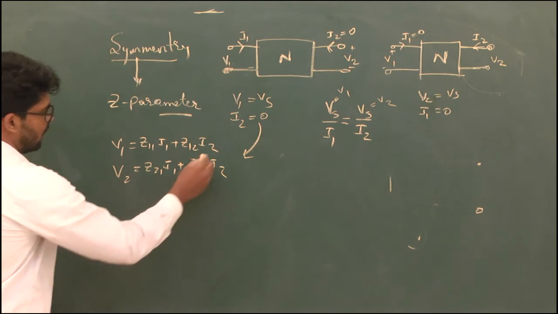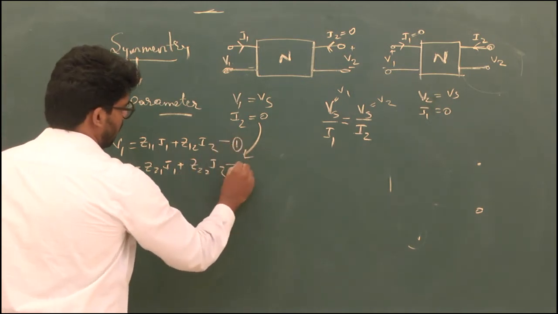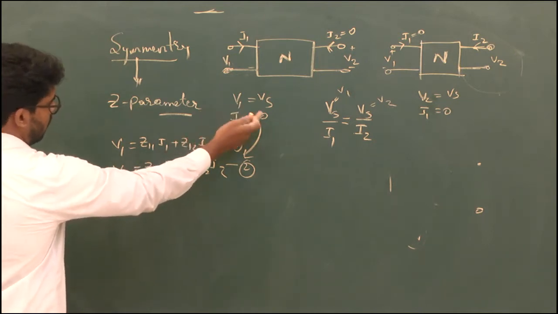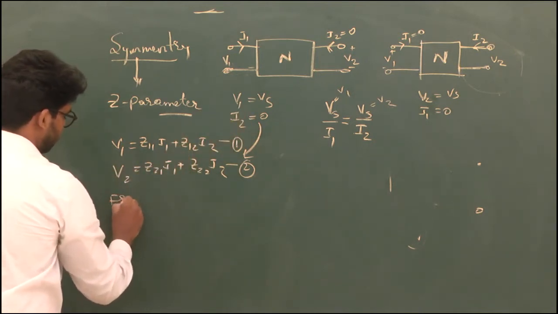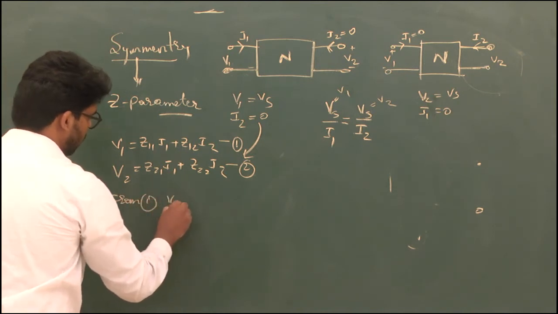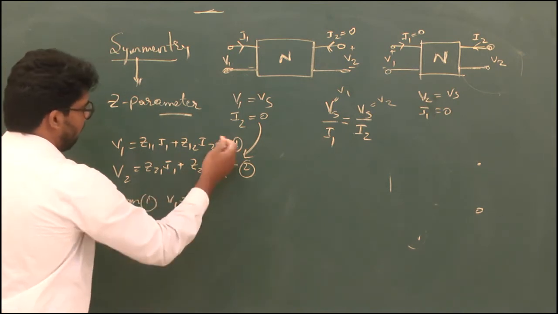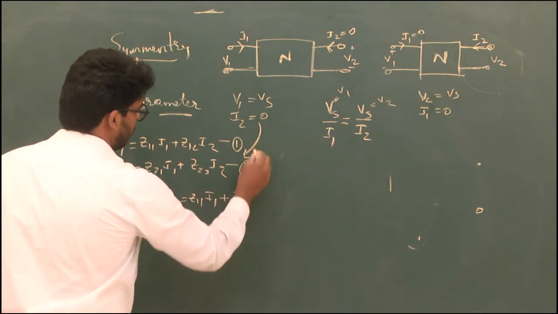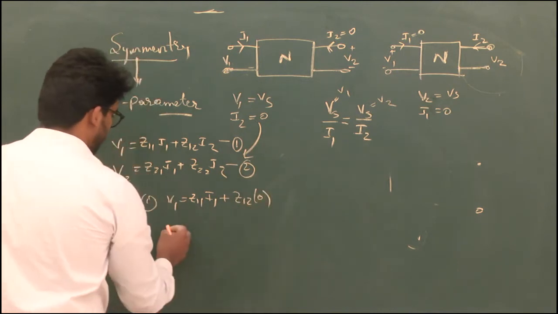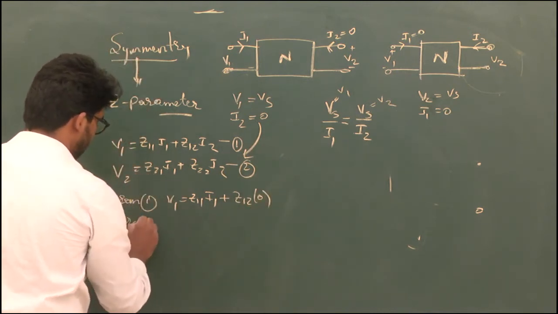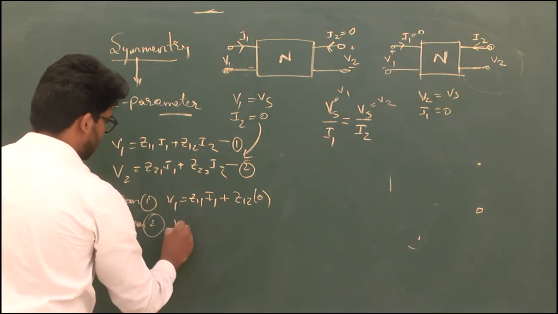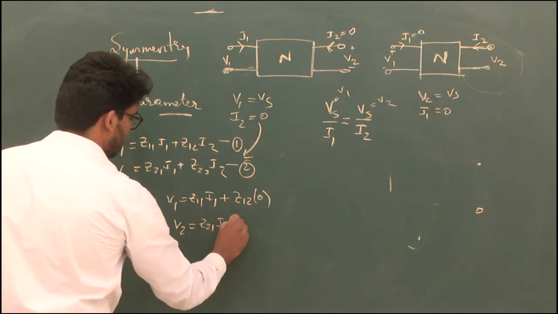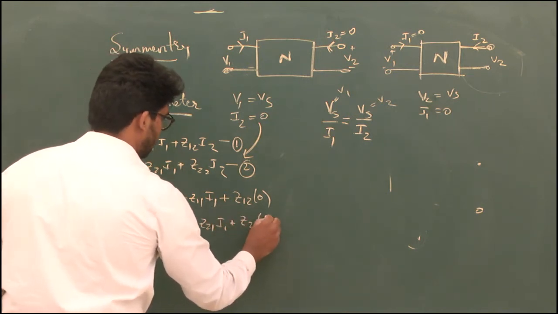From equation 1, V1 equals Z11 I1 plus Z12 I2, with I2 equal to 0, and from equation 2, V2 equals Z21 I1 plus Z22 times 0.